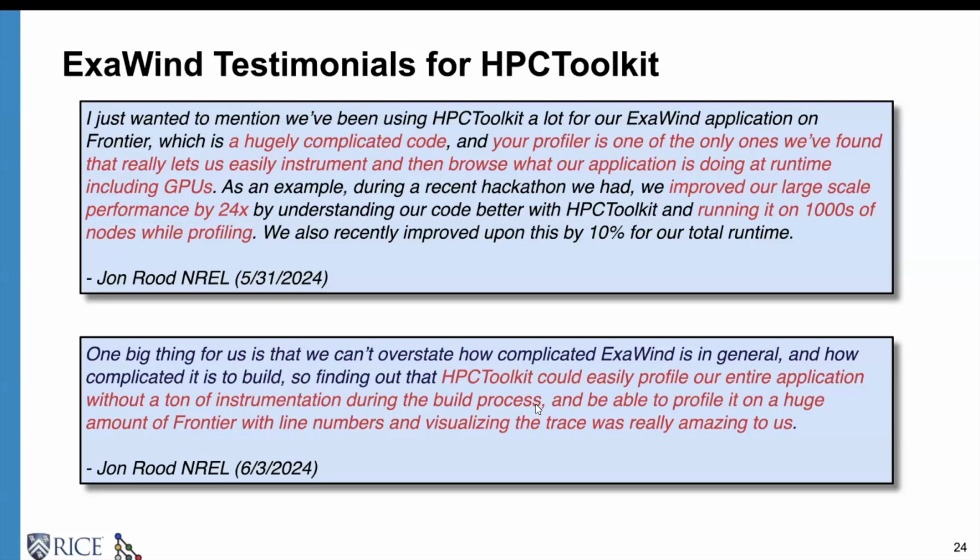So basically, you build the application the way you normally do, and then we're able to profile it on a large amount of Frontier and then map performance back to line numbers and loops and routines and visualize the traces. And so they were very pleased with what they were able to do with it.